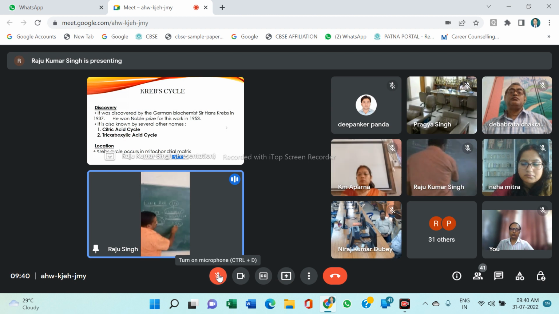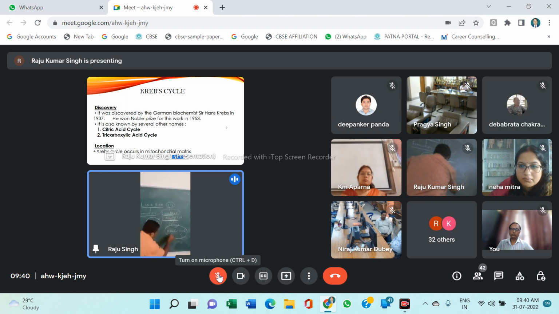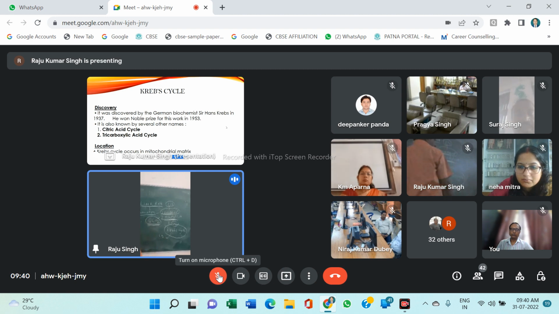One CO2 is coming through the link reaction and the others will come from the Krebs cycle. In the Krebs cycle, we have two decarboxylation steps.